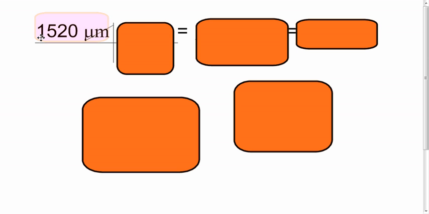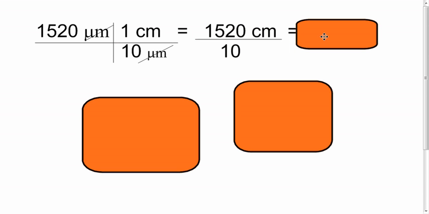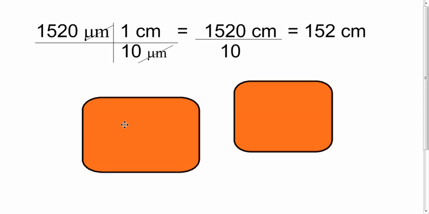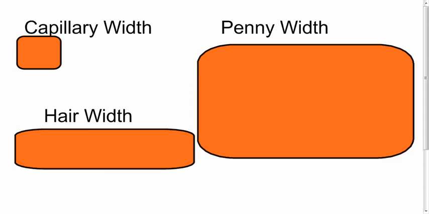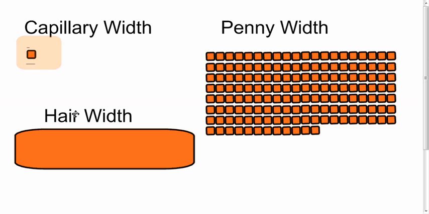And let's say I had 1,500 micrometers. That's this. I put in this scale factor, and that's going to give me 152 centimeters. Now that one was the penny width. That's the human capillary.